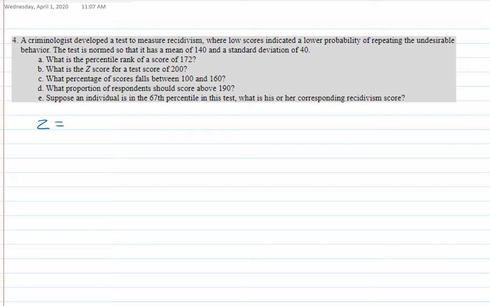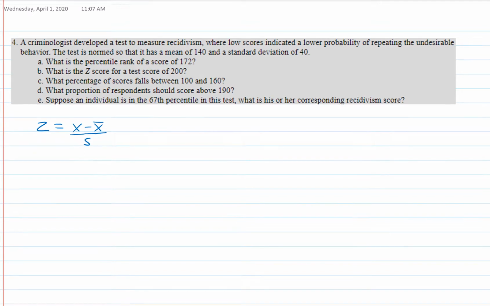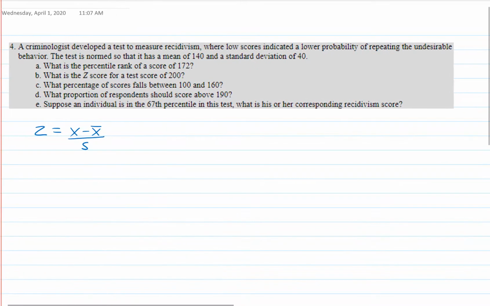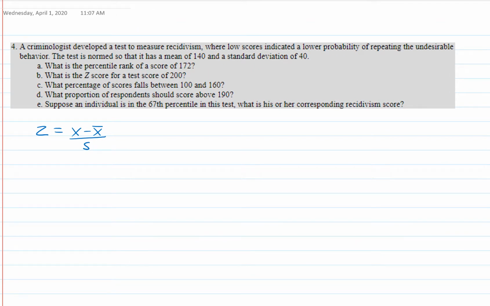Let's write the z formula out again. Okay, so what do we have? We know that X minus 140, our mean, divided by 40, our standard deviation, is going to give us a z-score, right?